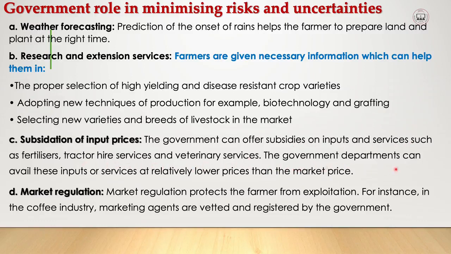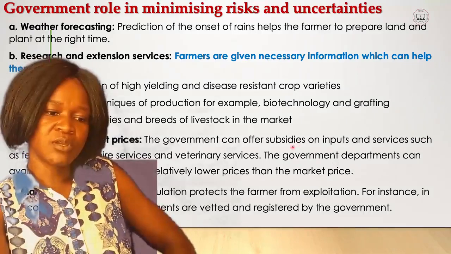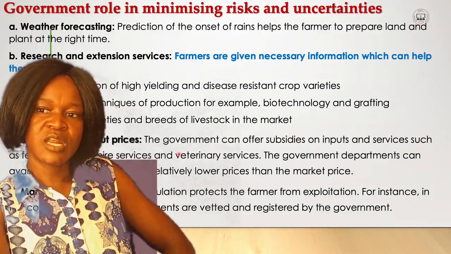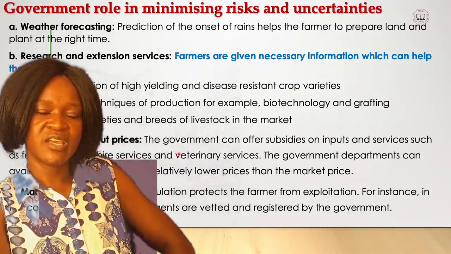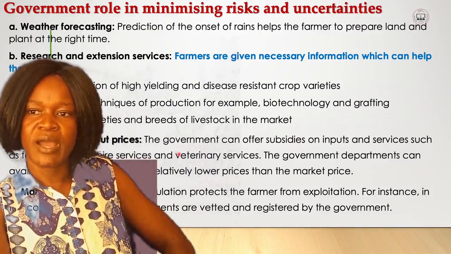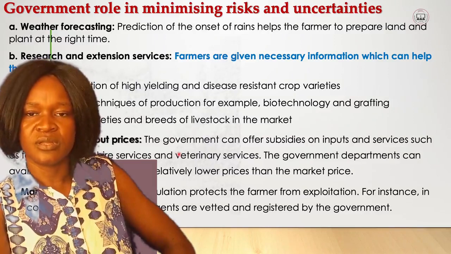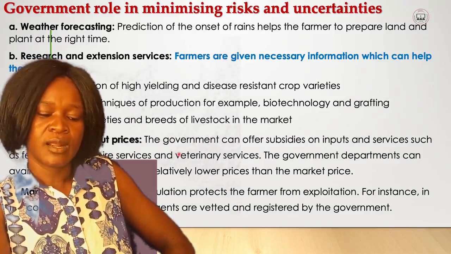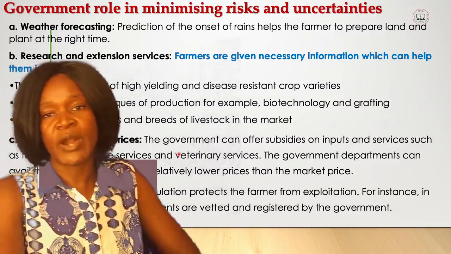So the government departments can avail these inputs or services at relatively lower prices than the market price. I think here in Malawi, this is common, more especially the fertilizer subsidy, whereby farmers buy with less money than the normal price at the market.